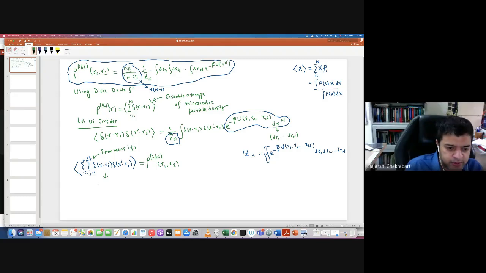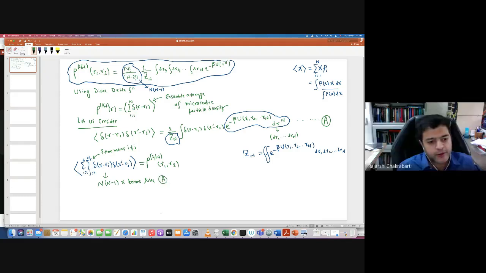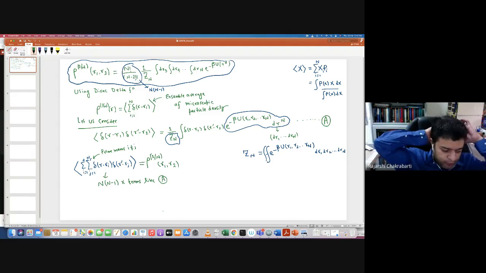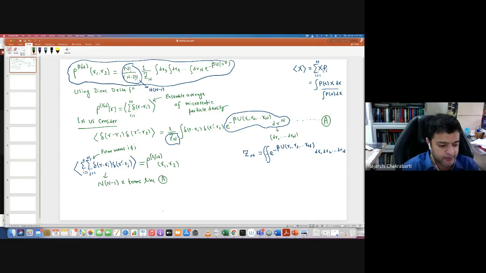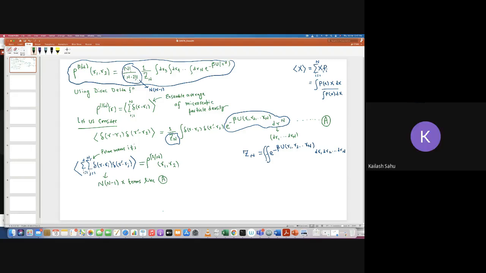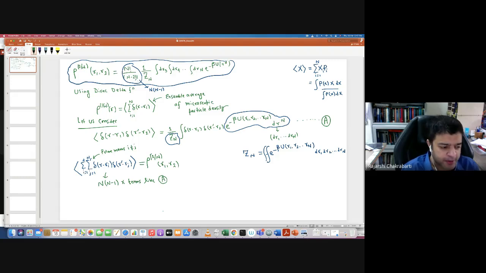So there will be n into n minus 1 terms. Are you getting this? Yes, sir. So basically, by using the delta function, you can also define this two particle density. Is this clear to all of you? Yes, sir. Okay, so two particle density is clear. One particle density is clear.